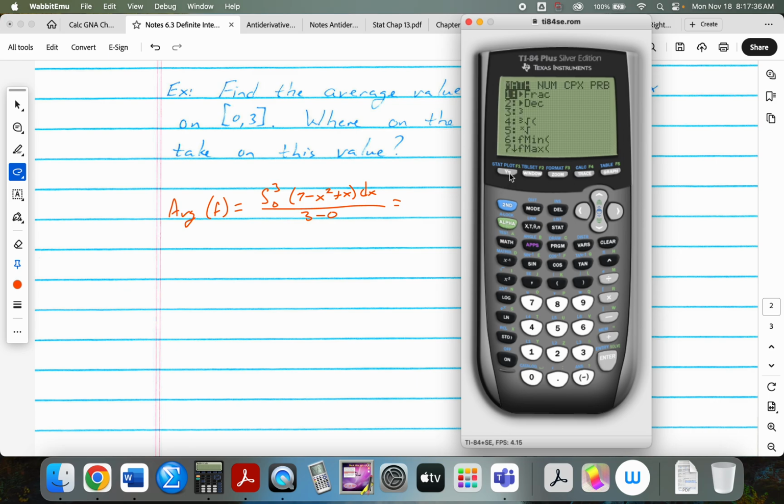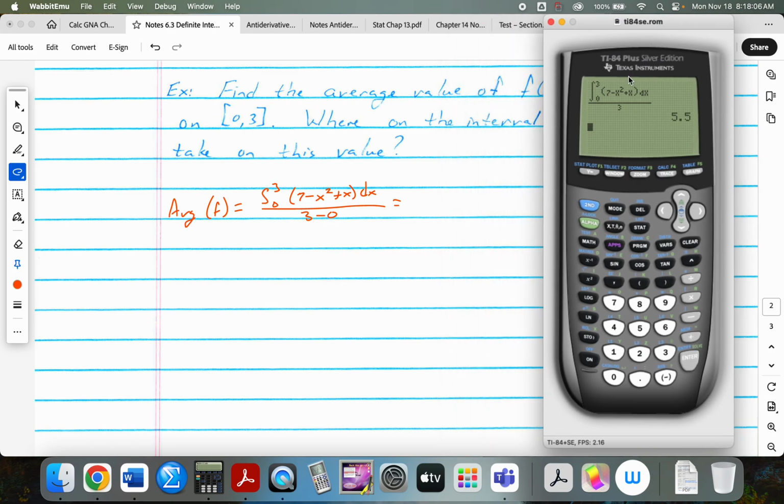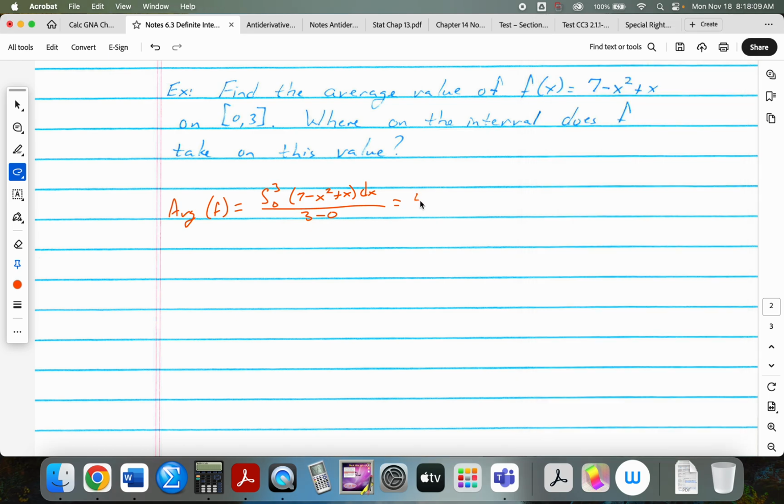So we're going to do the integral from 0 to 3 of 7 minus x squared plus x with respect to x, all over 3. And we get 5.5. Oh, that's nice. So that's the average value of f.